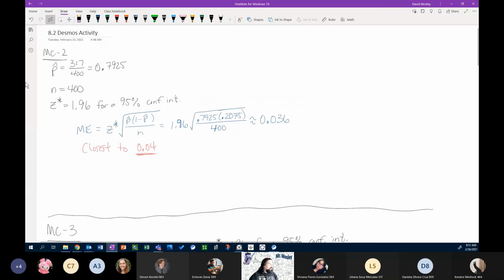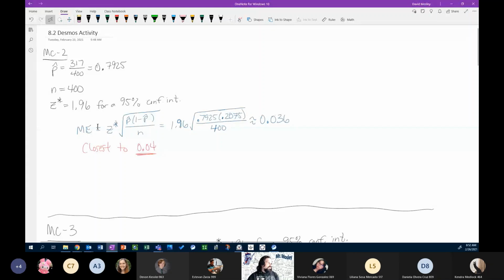If we look at the scratch work here for this problem, we start with a p-hat of 317 out of 400, or 0.7925. This is the proportion of people who can roll their tongues from our sample of 400. We have a sample size of 400, and the z-star, the critical value for a 95% confidence interval, is 1.96. We can find this on table A, or if we recall from our results yesterday, we used this several times.